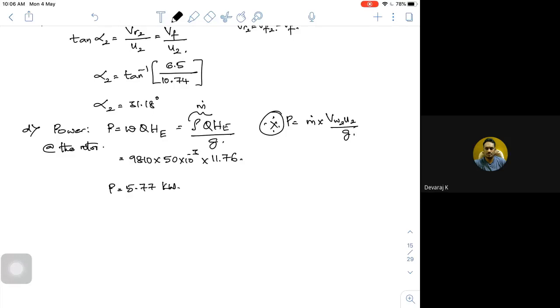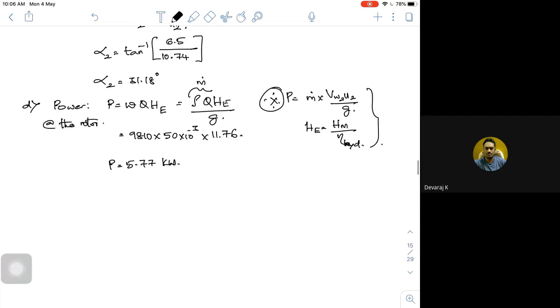If I use manometric head instead of HE, I have to divide it by hydraulic efficiency, because your HE is equal to your HM divided by your manometric efficiency or hydraulic efficiency, whatever it may be. So if you want to substitute in terms of manometric head, I have to use this formula. Okay, I got the power.